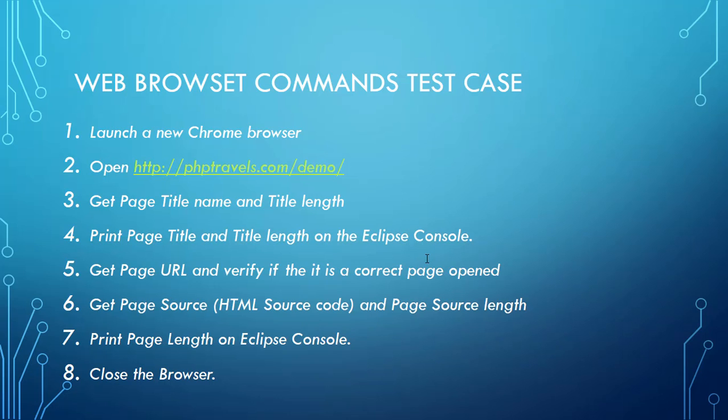Then we are going to get the page title and its length, and we are going to display them in the Eclipse console. Then we are going to get the URL and verify if it is the correct page to open, and display that information in the console. Finally, I'm going to print the page length on the Eclipse console. And finally, we are going to close the browser.